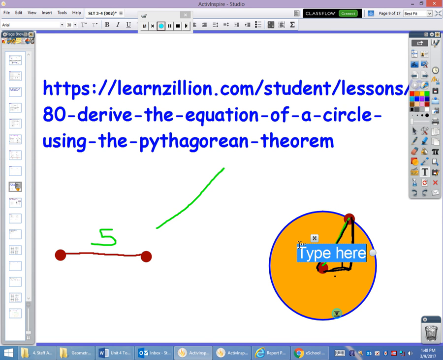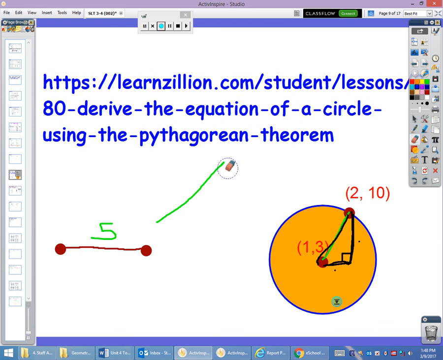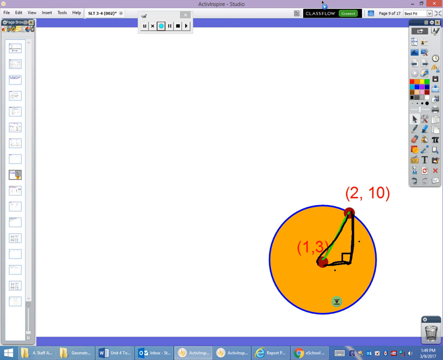So assume that this point is 1, 3. And I'm just making that up. And this point right here is 2, 10. Let me go ahead and erase this part right here and move this out of the way.